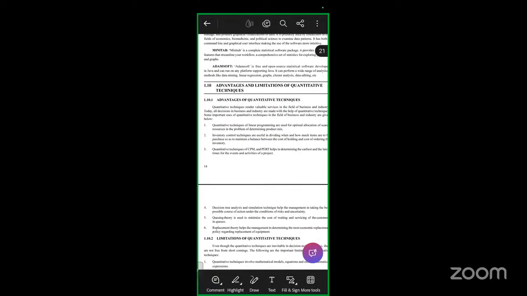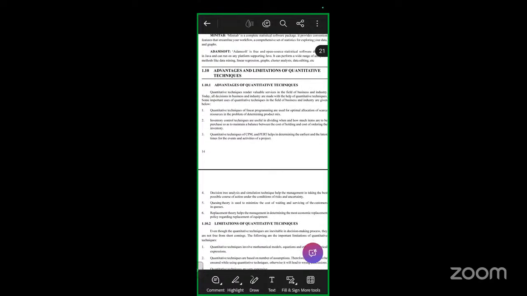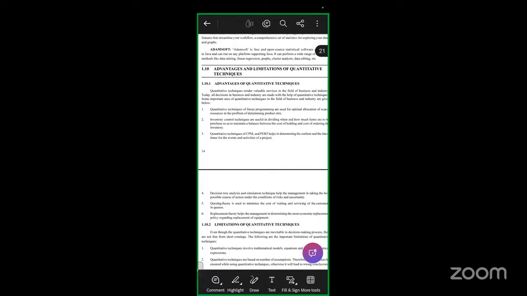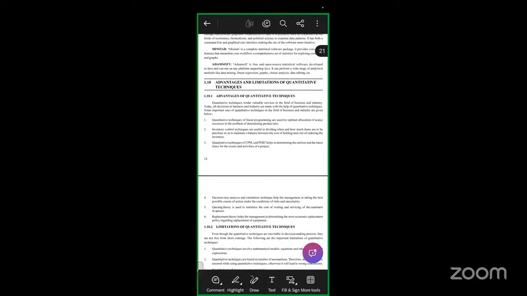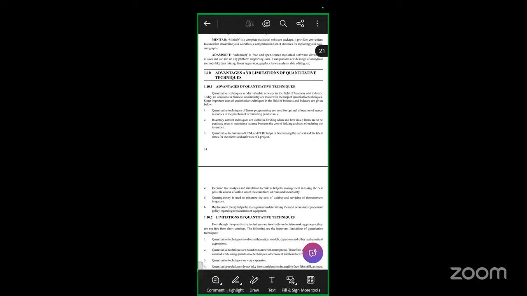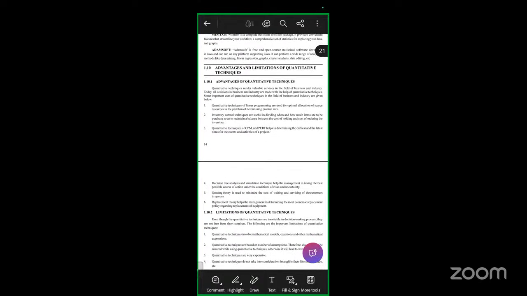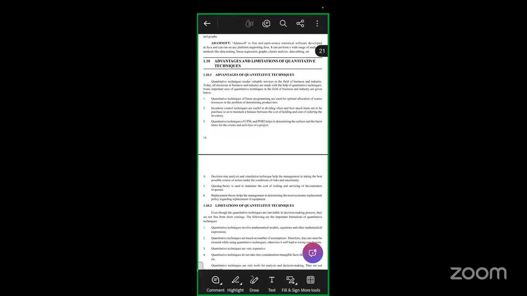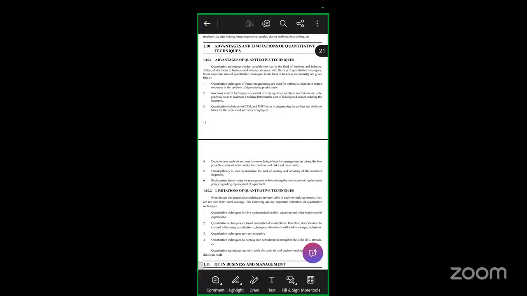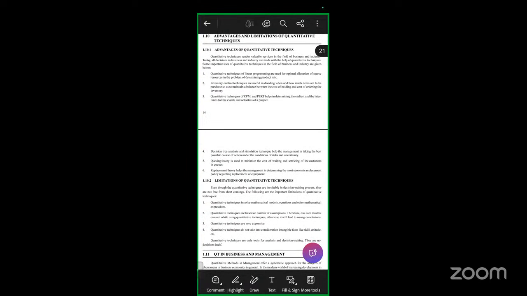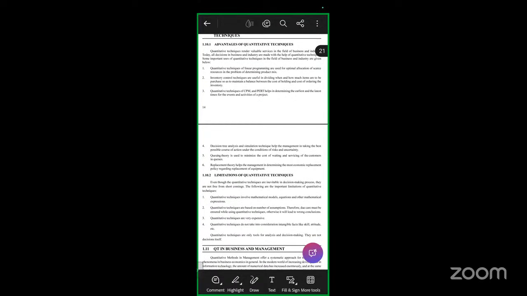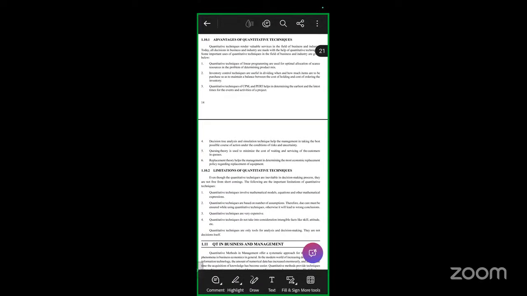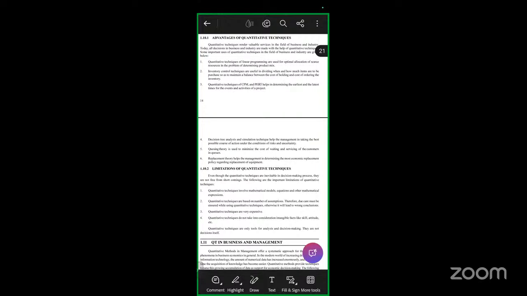Now, the advantages and limitations of quantitative techniques. Advantages: linear programming is used for optimal allocation of scarce resources in the problem of determining the product mix. Inventory control techniques are used to decide how much to purchase, balancing ordering cost and holding cost.